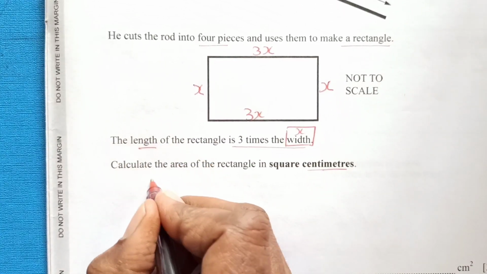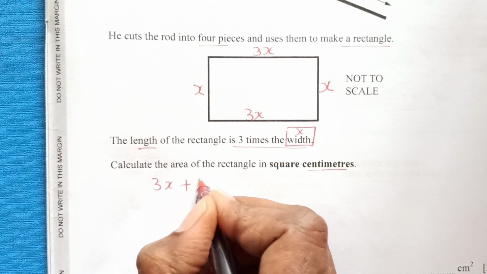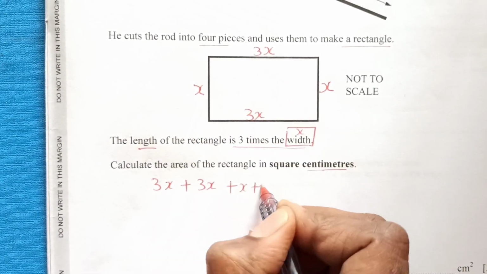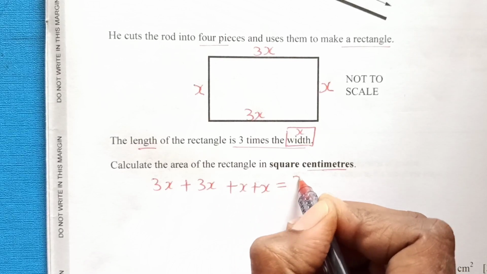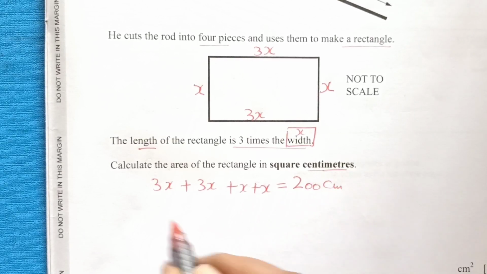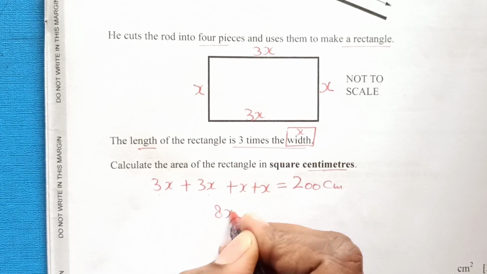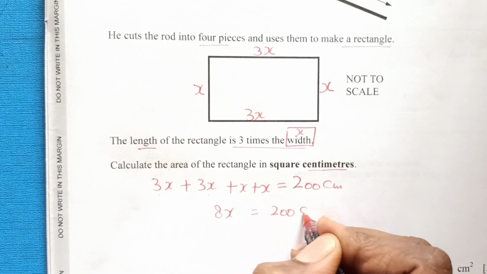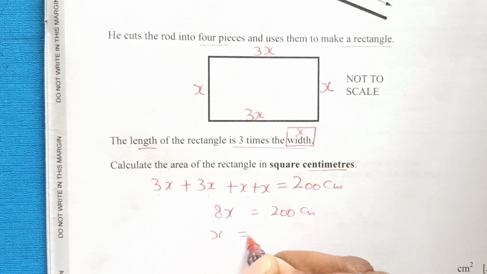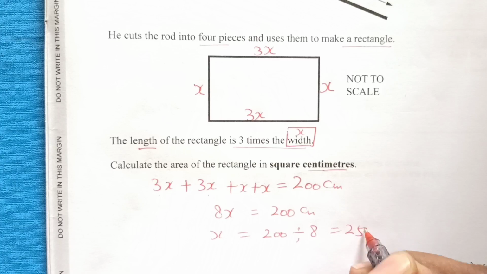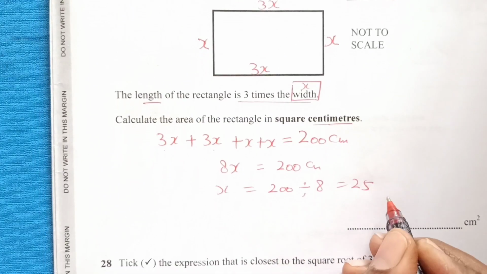So the perimeter is 3x plus 3x plus x plus x, which is equal to 200 centimeters. So 3 plus 3 is 6, plus 2 is 8. So 8x is 200 centimeters. So x will be 200 divided by 8, which is 25. So the value of x is 25.